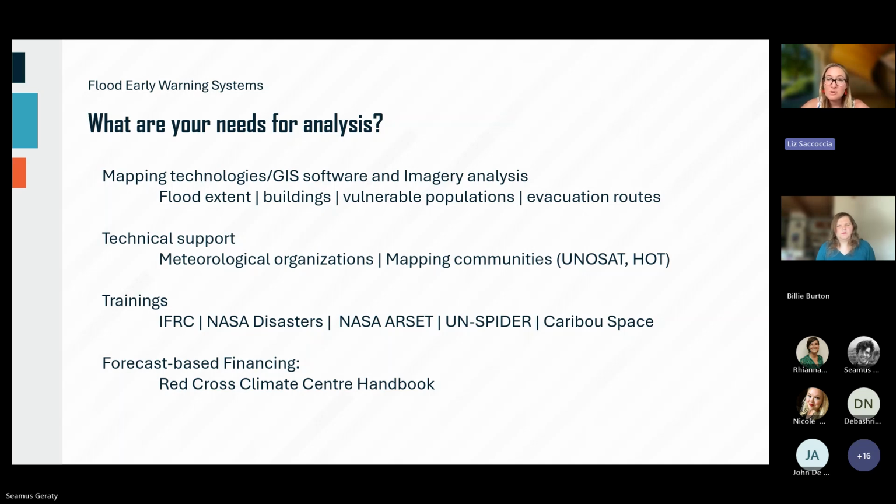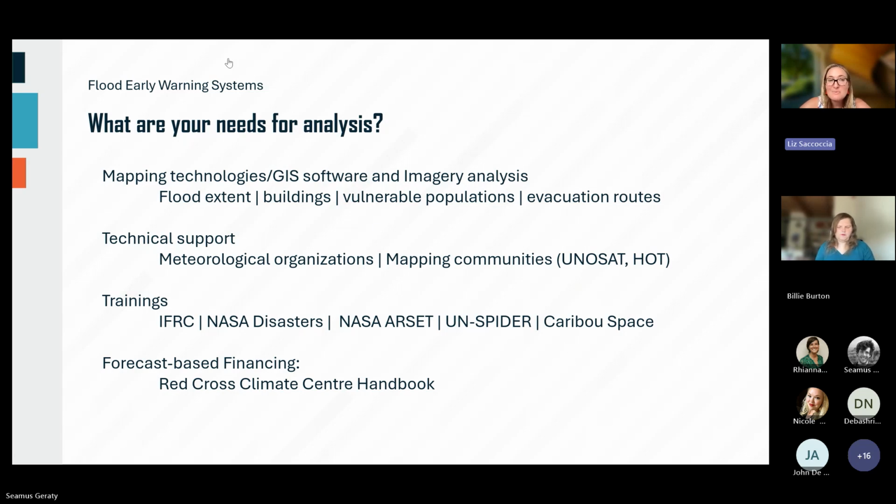In addition, there's so many trainings out there, and we just list a few, but the International Federation of Red Cross and Red Crescent Societies have training modules to support humanitarians using early warning systems. NASA Disasters has information on projects that use Earth observation data to support decisions across the disaster cycle.